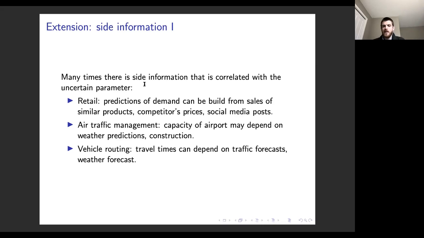And so based on that context, you have more information about the uncertain parameter that you can use to improve your decision. Same with vehicle routing. So again, your travel times can depend on things like traffic forecasts and weather forecasts. So if I have a traffic forecast or weather forecast for today, then I can potentially make better choices because it gives me information about the distribution of these travel times.